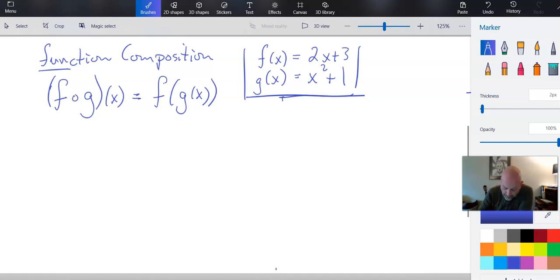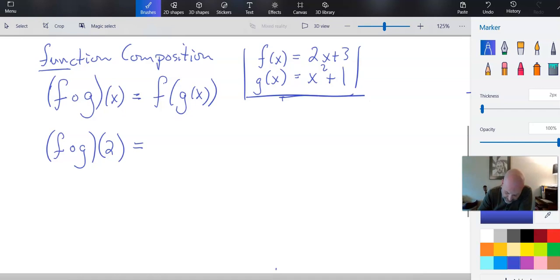So a couple of things here. By the way, this x value, I'm completely just picking it random. I'm picking it because it's a nice number and it's easy to compute with. Let's suppose we wanted to find something like f composed with g of 2. And again, you can pick any number you want.